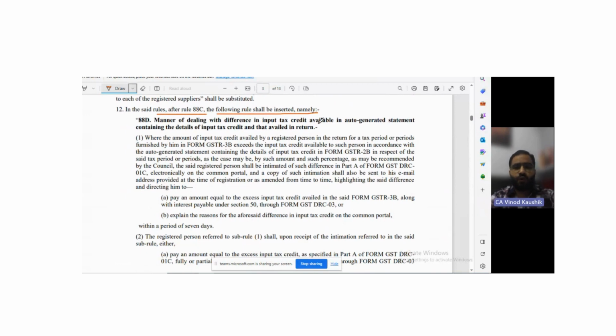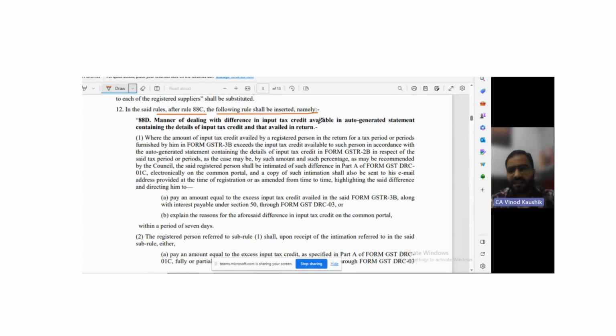So we assume that if no specific date is mentioned, then it will be enforced from the date of issuance of the notification. So the enforceability of 88D is 4th of August 2023, because 16(2)(aa) is already enforced.